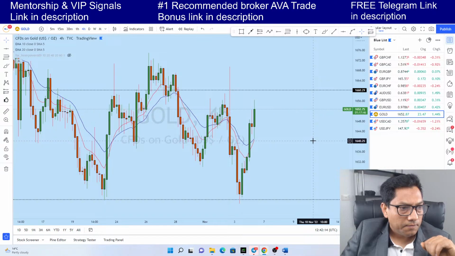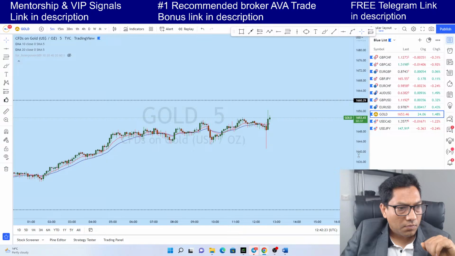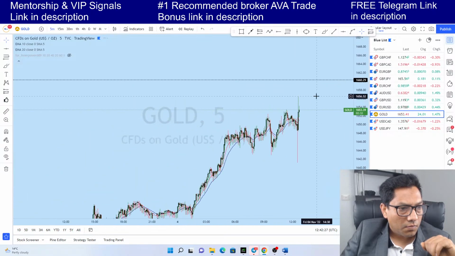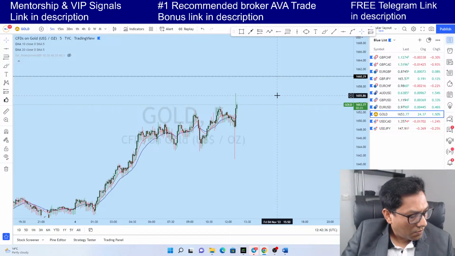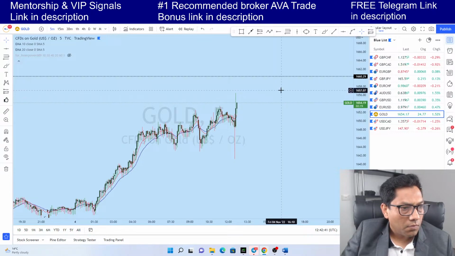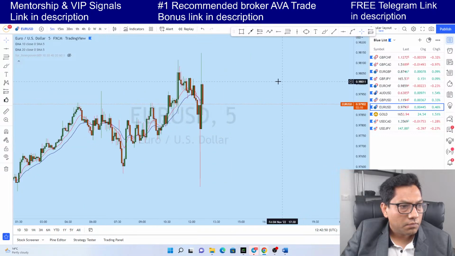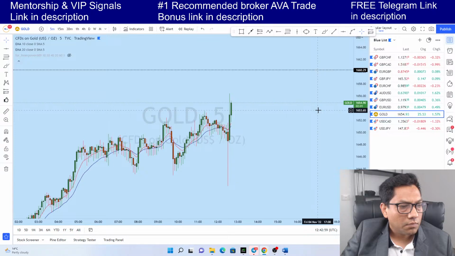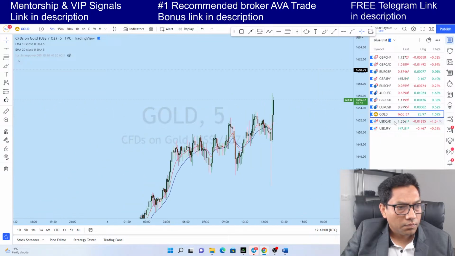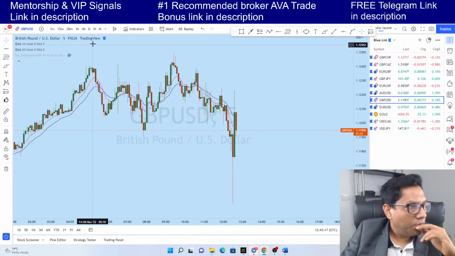Including the gold. So let's look at the higher time frame on British pound US dollar.